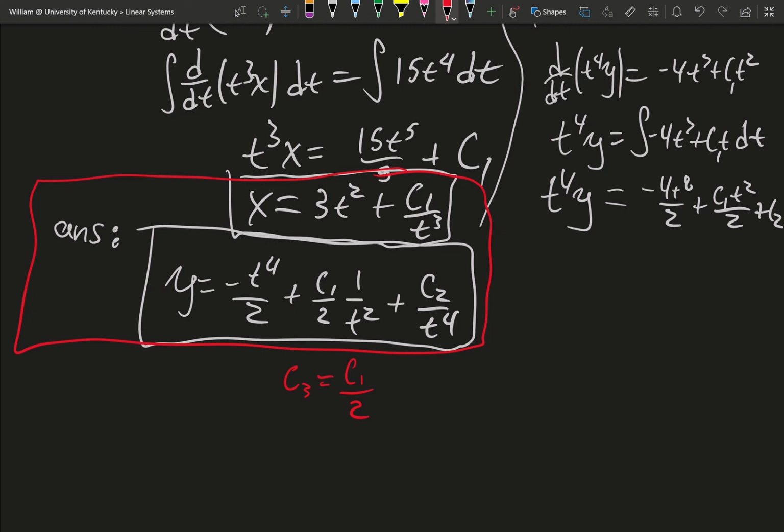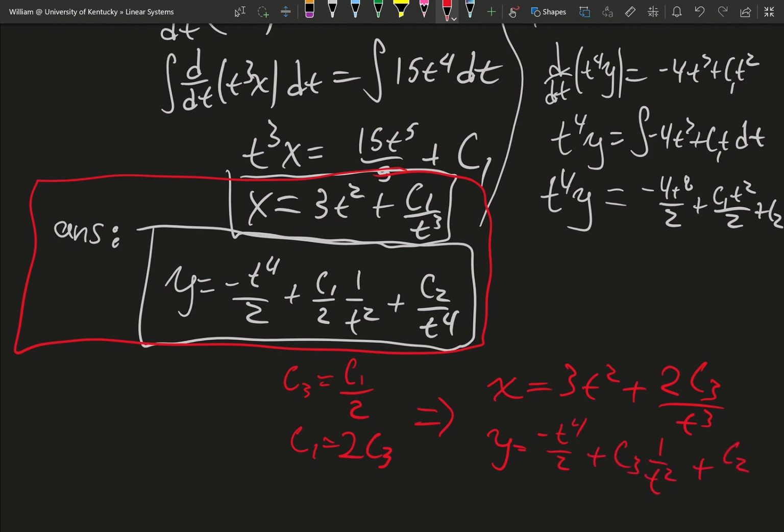Just to show a little bit more. In that case, C1 equals twice C3. And so I could rewrite this equation now, x equals 3t squared plus 2c3 over t cubed, and y equals negative t to the fourth over 2 plus c3 times 1 over t squared plus c2 over t to the fourth.